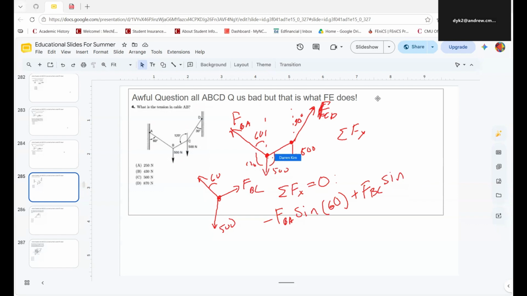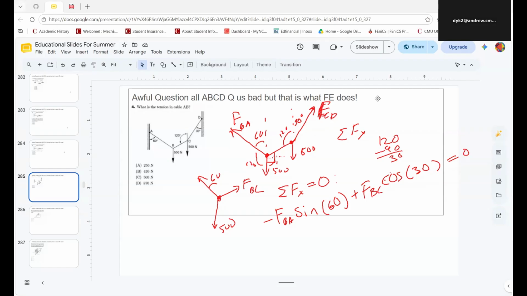From this angle over here, 120, this must be 120. So this over here is 90 degrees from here. So 120 minus 90 is 30. So sine 30. No, it's not sine 30. It is cosine 30 because of how it's written. That equals 0. Okay, that's one formula down.